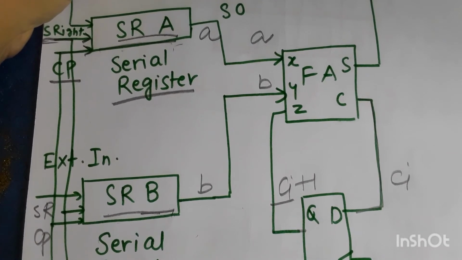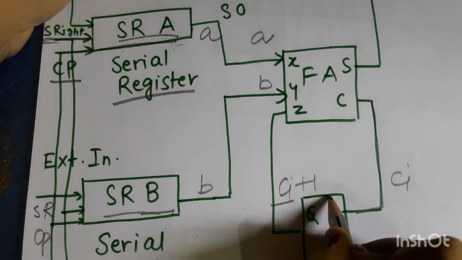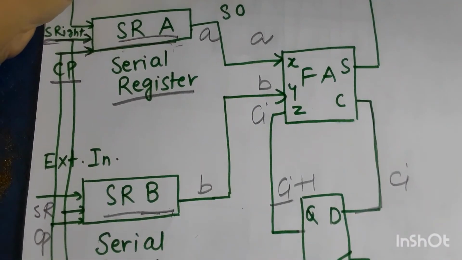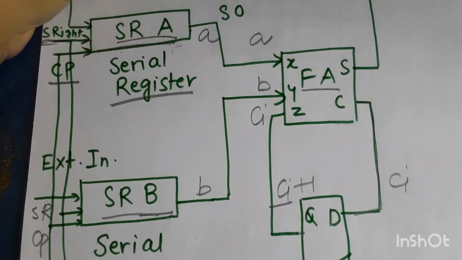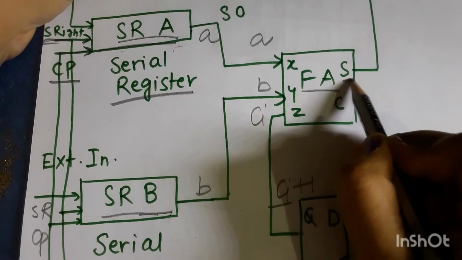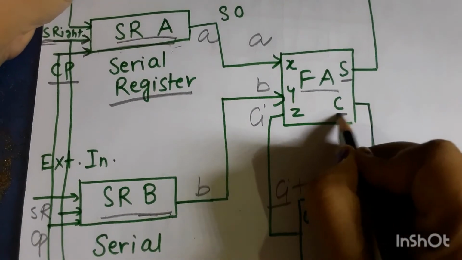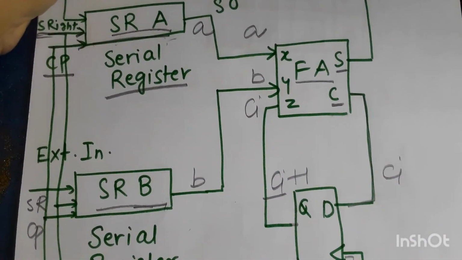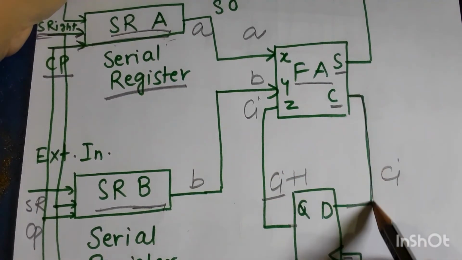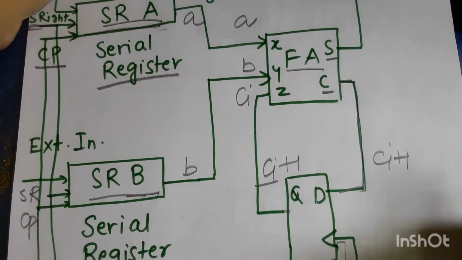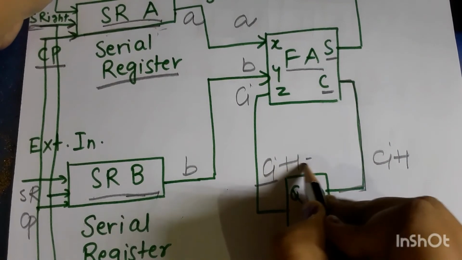Ci plus 1 becomes the Ci and goes to the full adder circuit. The full adder gives the output sum and the output carry. So I can write this one as Ci plus 1 and this one as Ci.